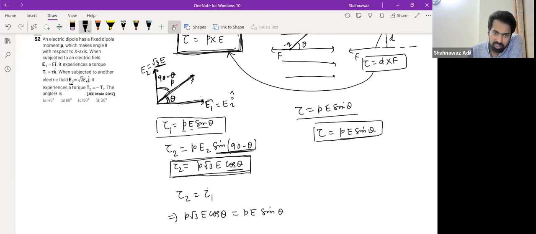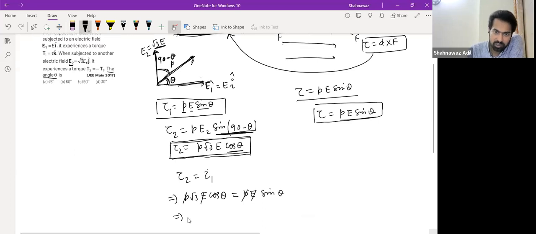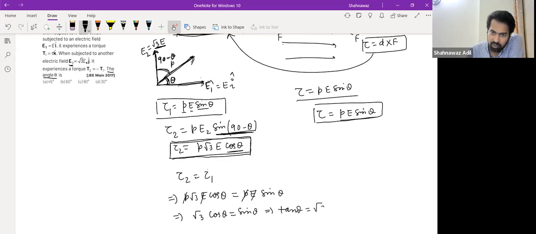So P and E cancel, and we have to calculate the angle theta. So this would be root 3 cos theta equals sine theta. So sine theta will go into the denominator, and this would be tan theta equals root 3. So what would be theta, Tariq?